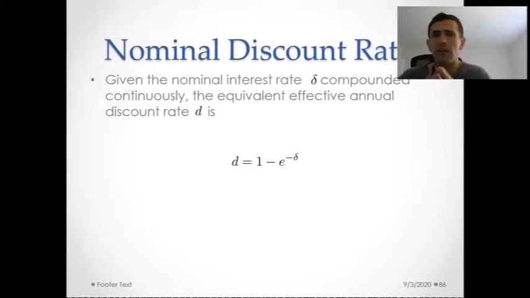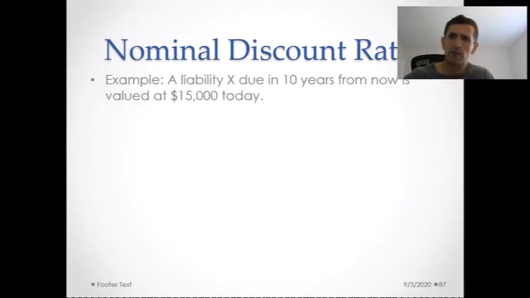If we're given a nominal, sorry, it should be discount rate. As I said, delta is a nominal discount rate, and it's the same thing as a nominal interest rate. So if we're given a nominal discount rate or interest rate compounded continuously, then we can solve for d as I just mentioned: d is 1 minus e to the minus delta.